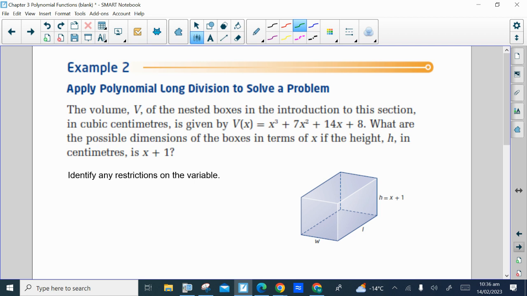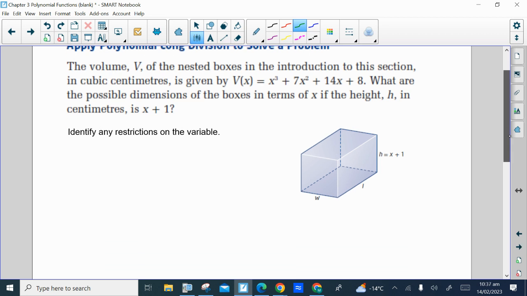This next question says the volume V of the nested boxes in the introduction to this section in cubic centimeters was given by V at x equals that polynomial function. What are the possible dimensions of the box in terms of x if the height h in centimeters is x plus 1?